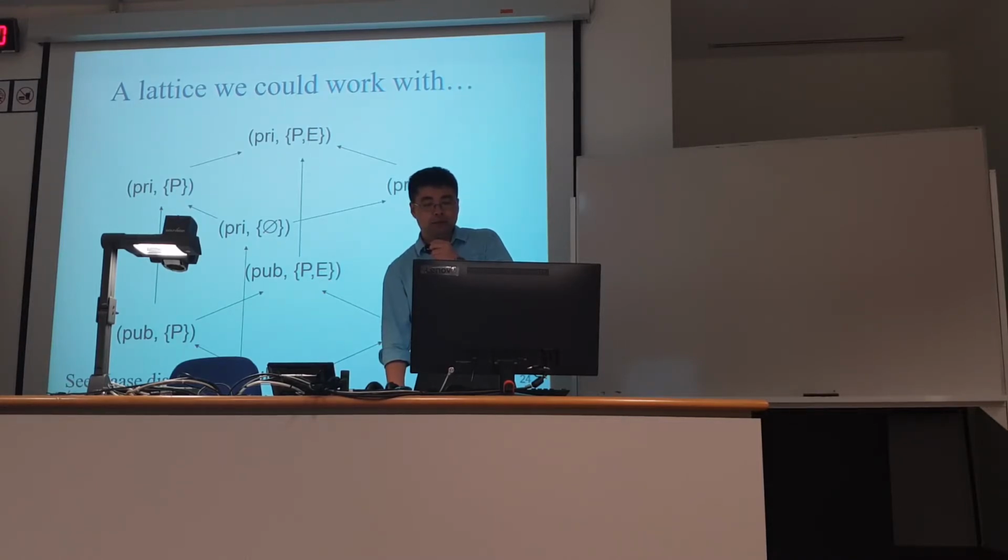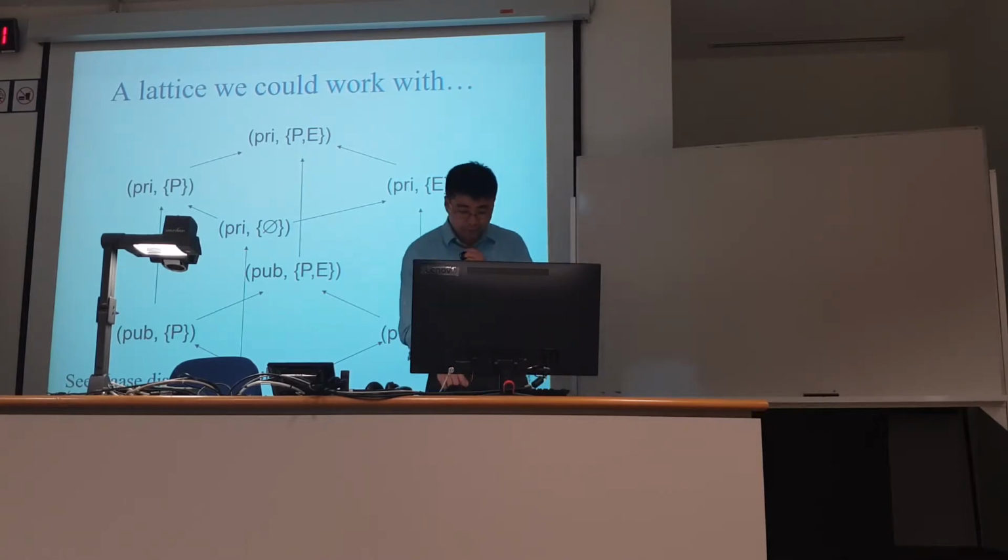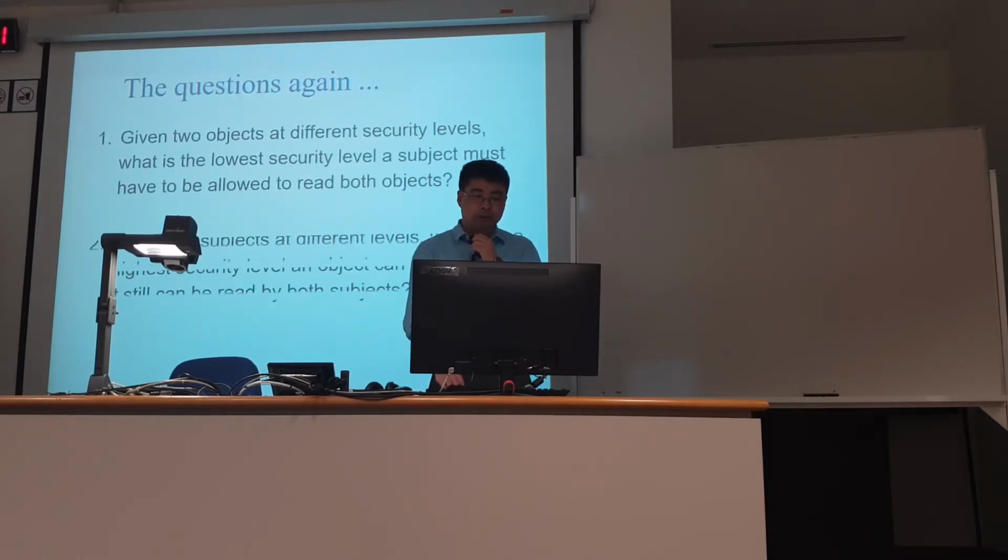This one and this one, you can find the greatest lower bound. So any two items, you can find the least upper bound and the greatest lower bound. Then this forms a lattice, right? So that's a simple example illustrating this lattice.